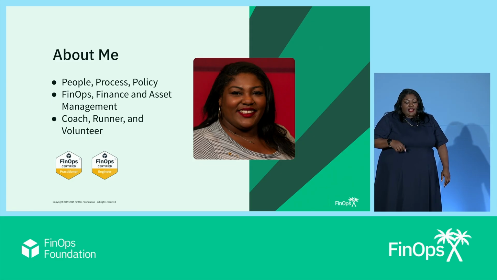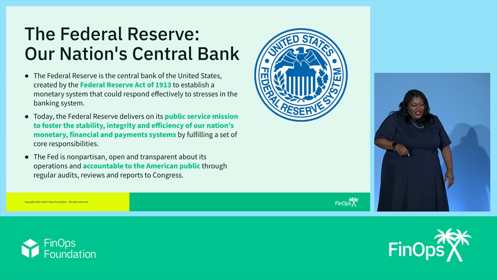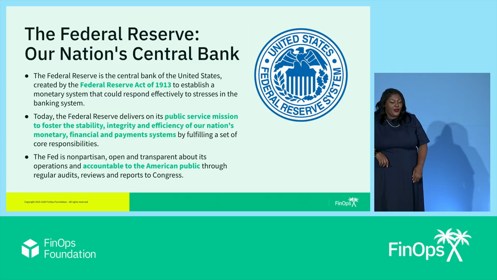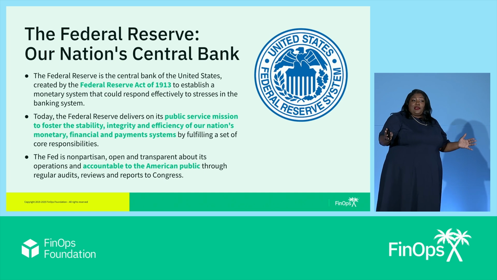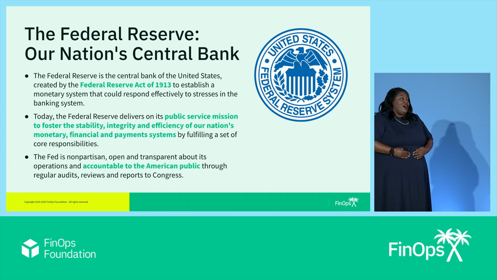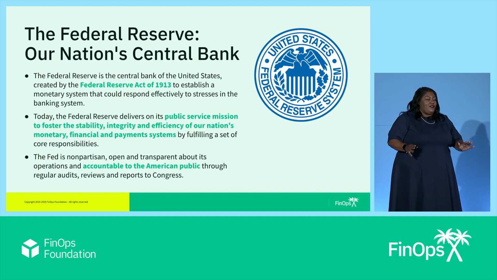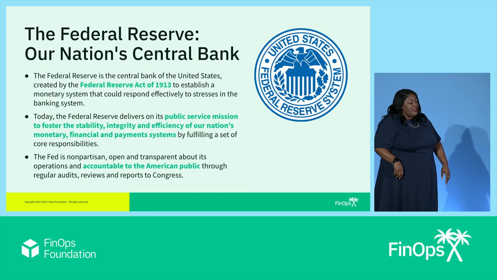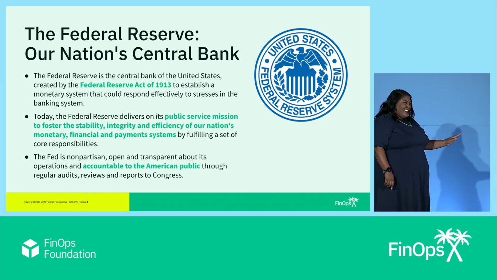So now let's talk about where I work, which is the Federal Reserve. So to kind of kick this part off, I will say that what I'm talking about is not representative of the Federal Reserve as a whole. It is my reflection, but these 2 slides have been provided by the Federal Reserve Bank of Richmond.